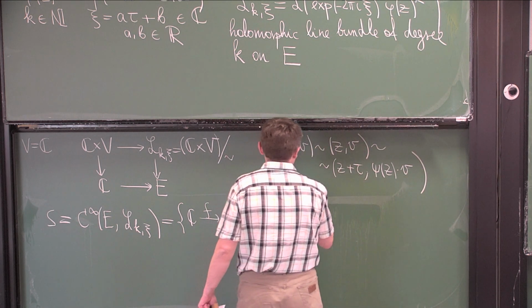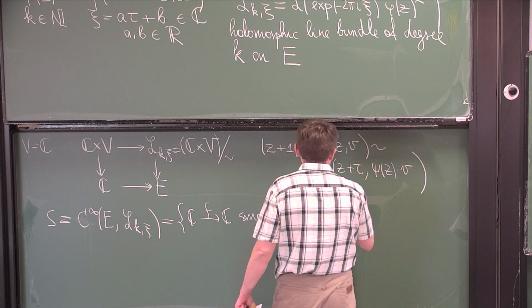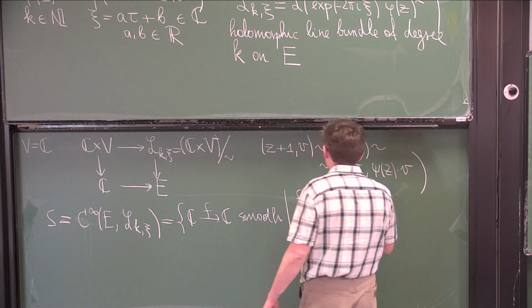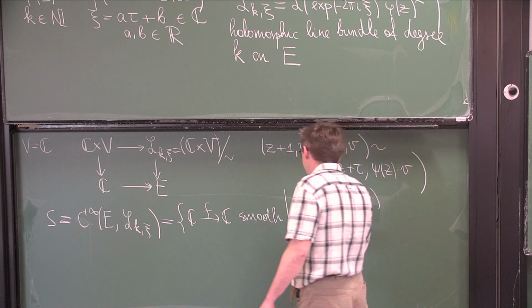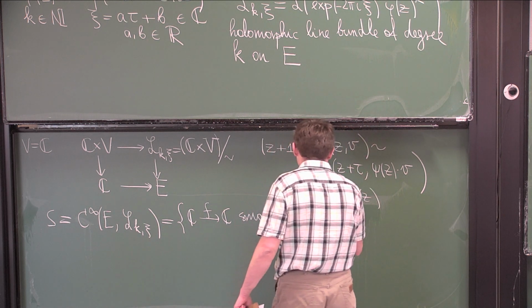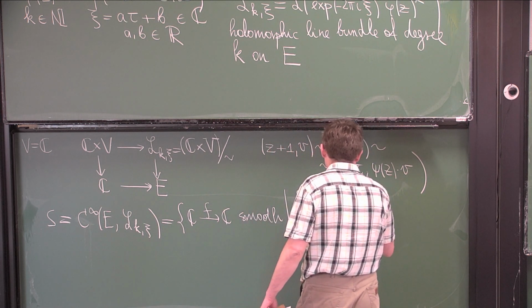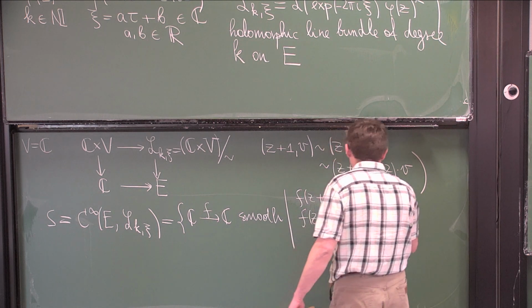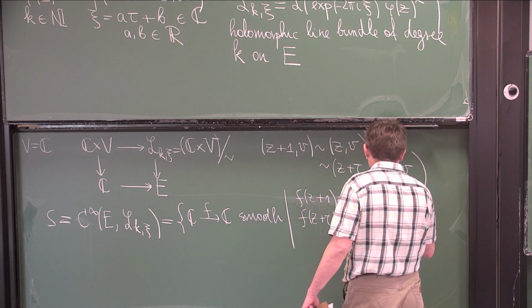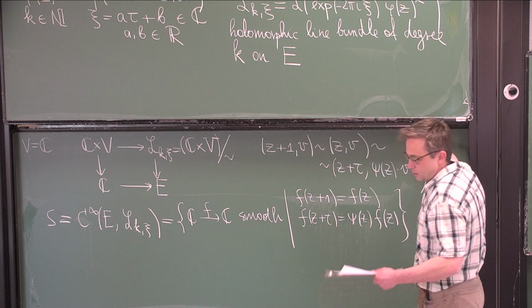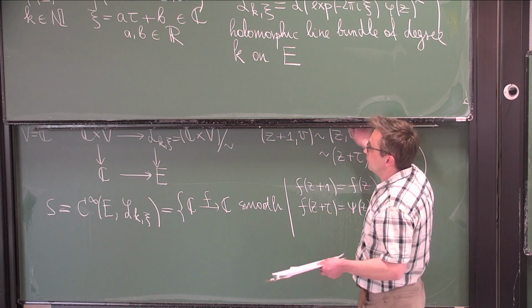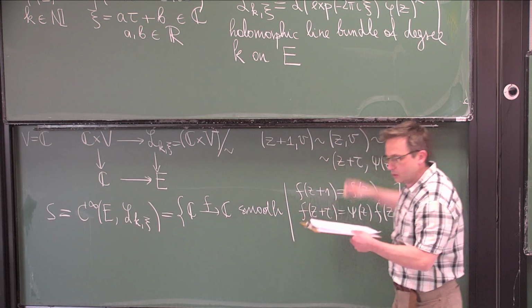So I want it to be periodic with respect to shift by one and quasi-periodic with respect to the shift by tau. Okay, so I defined a line bundle on a torus.